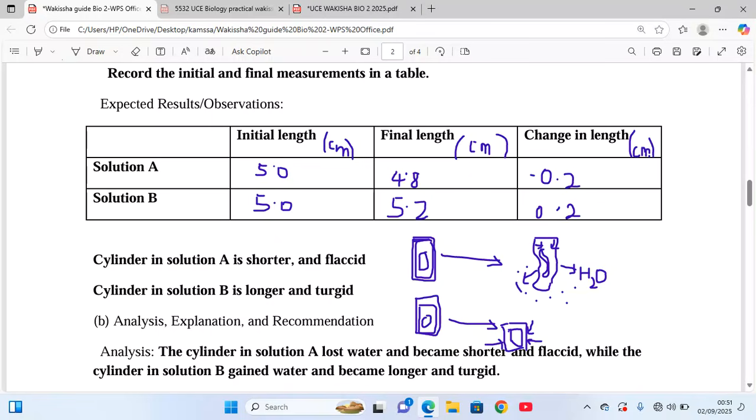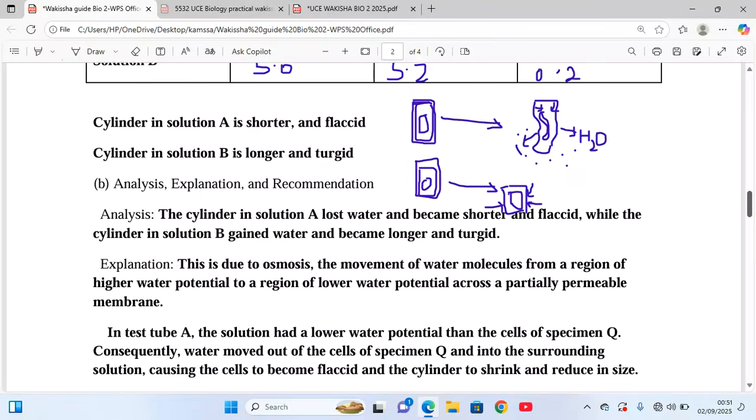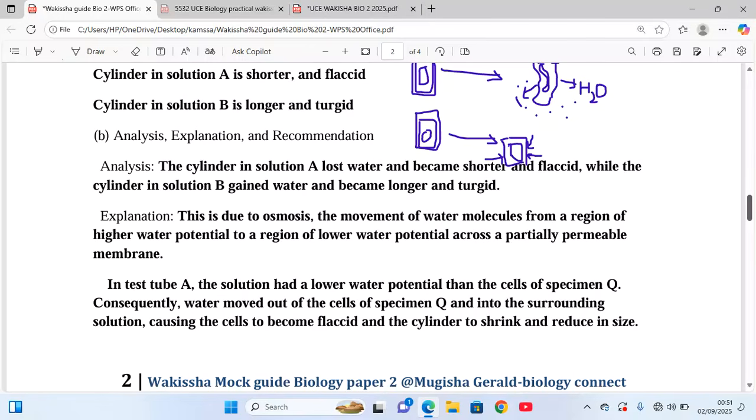The values I've recorded here are not practical, but they follow the trend we are trying to explain. So analysis: the cylinder in solution A lost water and became shorter and flaccid, while cylinder in solution B gained water and became longer and turgid.